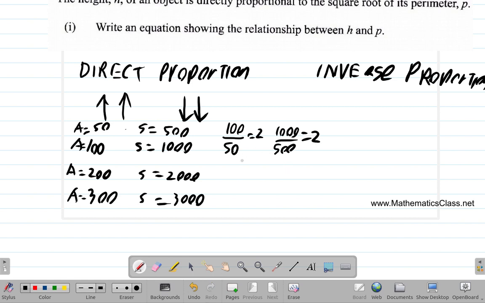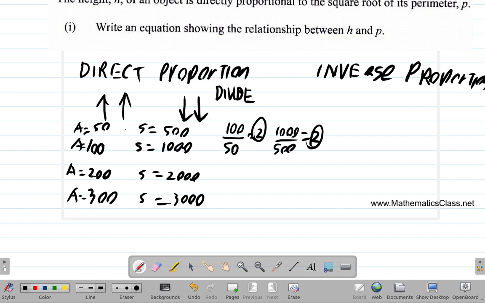So to get the same proportion, you divide. Alright? So you divide to get the constant 2. Put 200 over 100, you get 2. 2000 over 1000, you get 2. Alright?